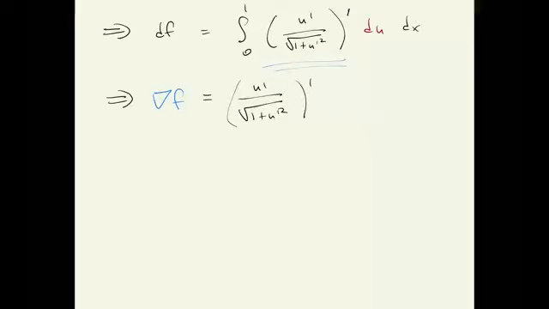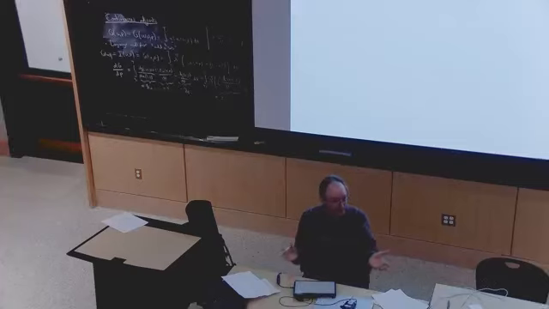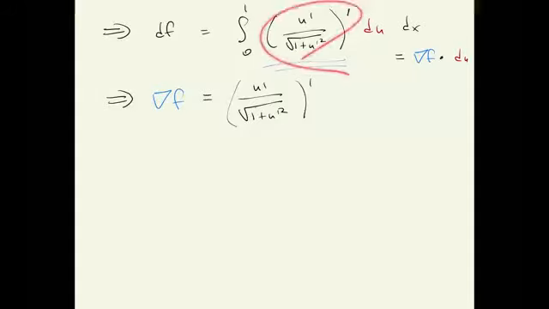Does everyone see that? This df had better be the dot product of grad f with du. I integrated by parts. I turned my u primed into a du. I set boundary conditions to fix the boundaries, so the boundary terms disappeared. What I have left is just a dot product of this with du. So I can think of this as the gradient.